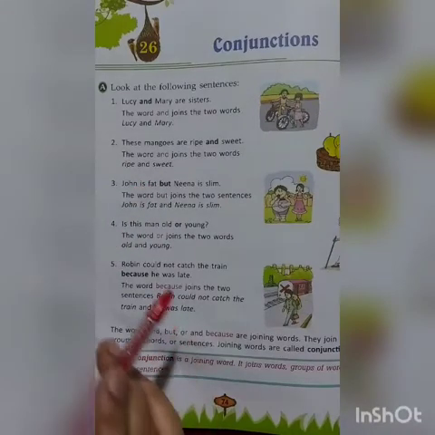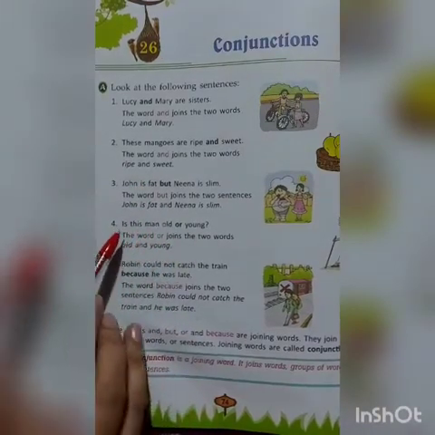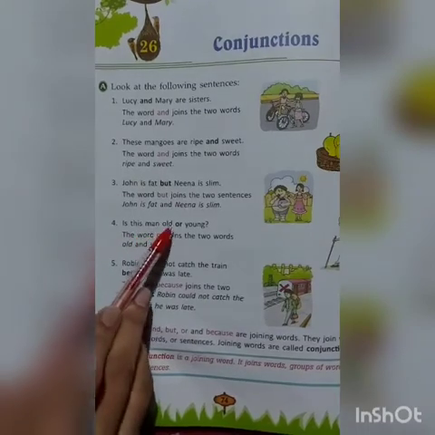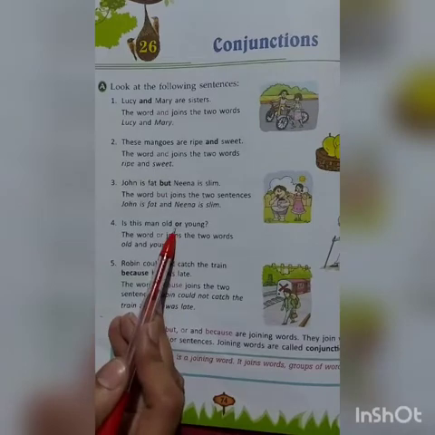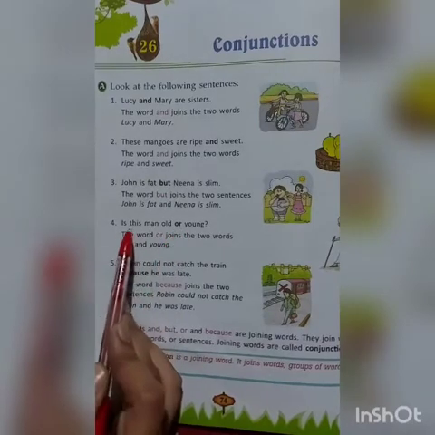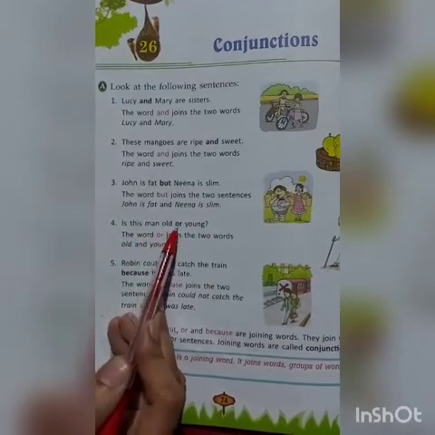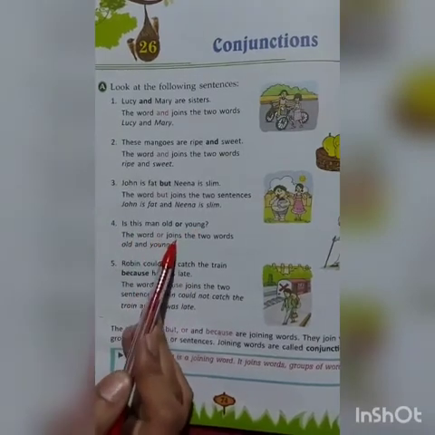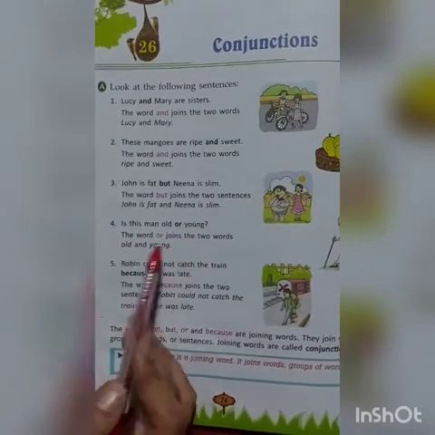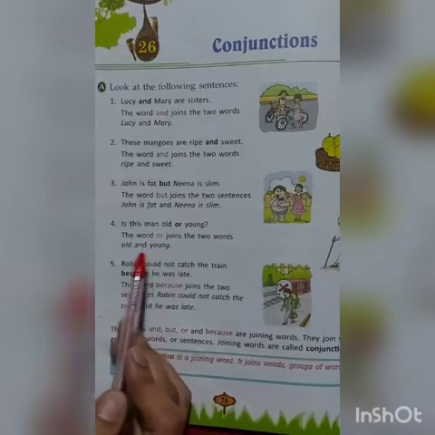Now let's see the next sentence. Is this man old or young? Now here the word or. Is this man old or young? Now here the word or joins the two words old and young.